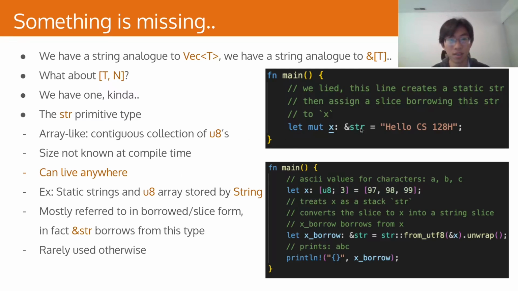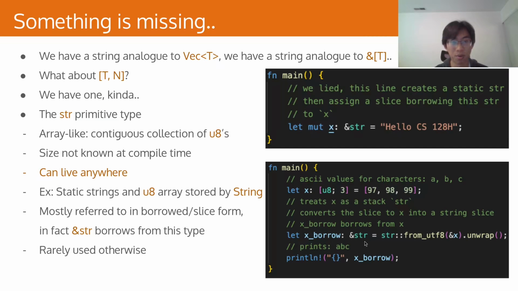So here, this creates a static string, and this data is stored in the static section in the code. So when you borrow, this actually doesn't point to the heap, it points to the static section inside the code. And then here, where we have x as an array of u8s, this array lives on the stack.